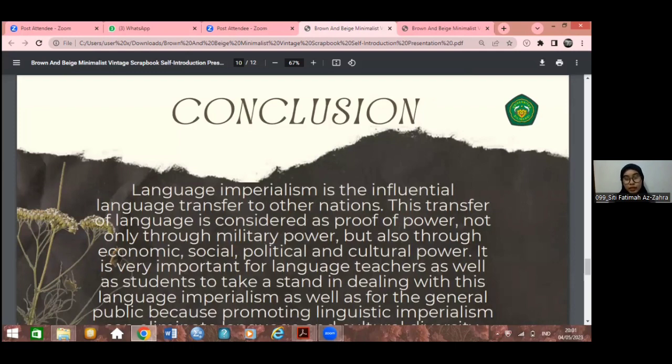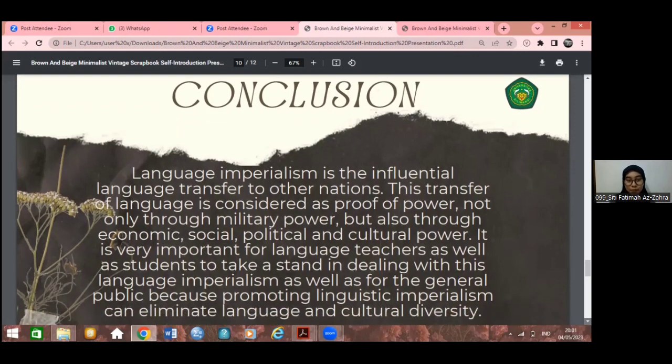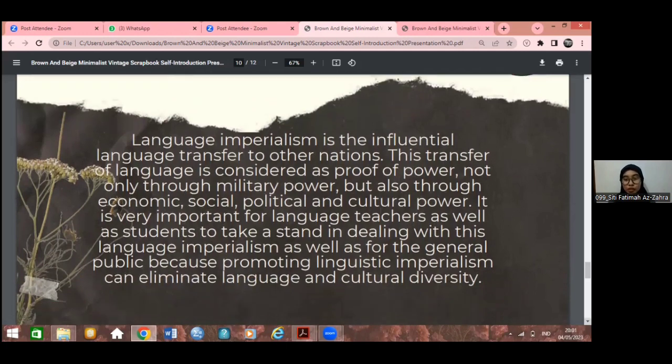And it is very important for language teachers like us, as well as students, to take a stand in dealing with this language imperialism, as well as for the general public, because promoting language imperialism can eliminate language and cultural diversity.